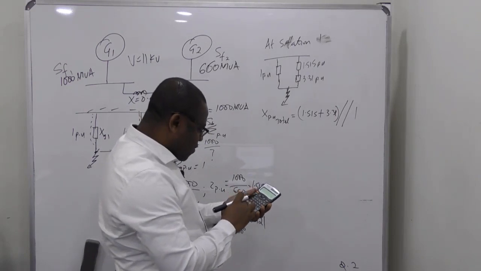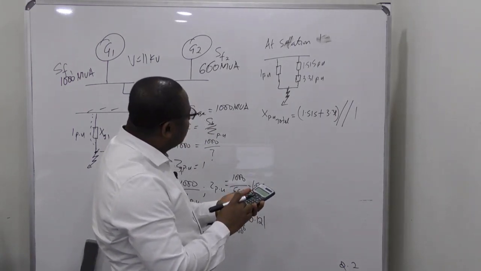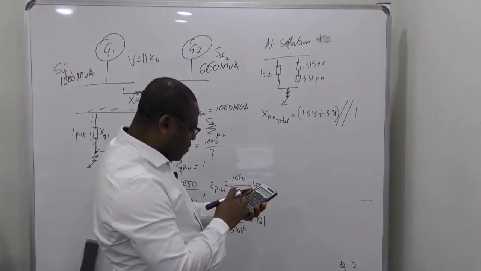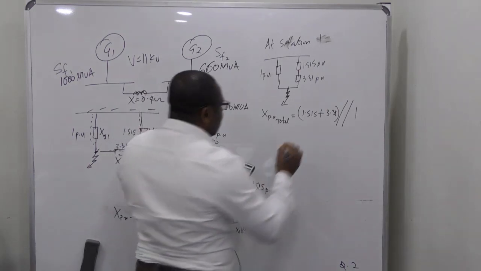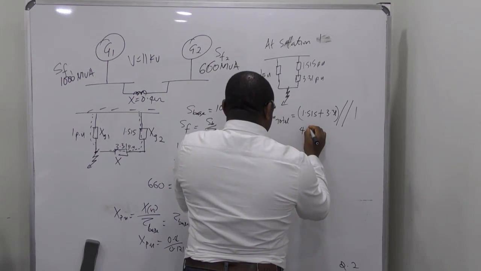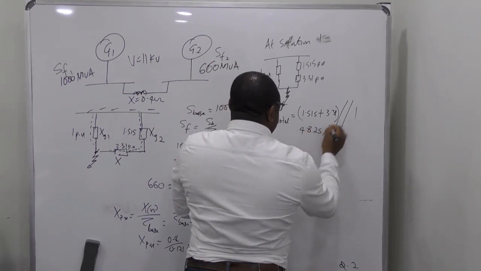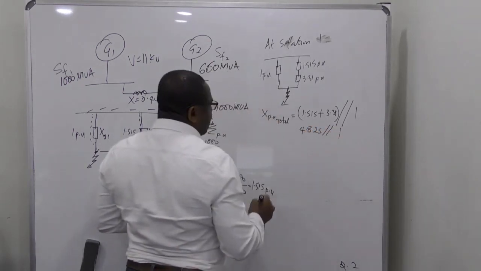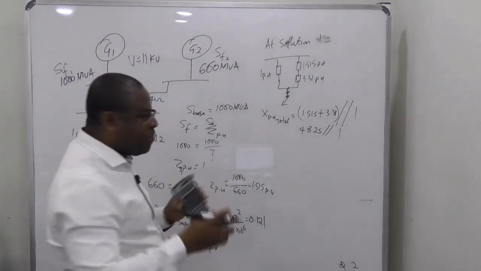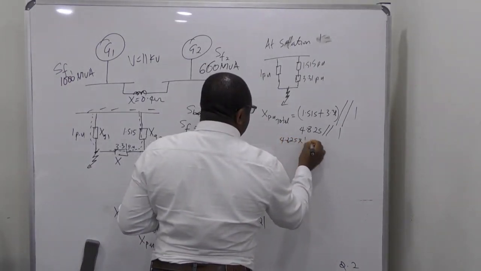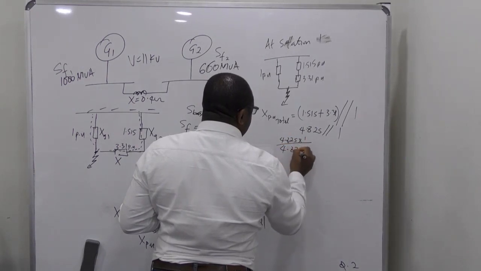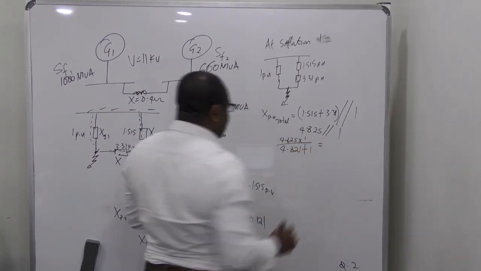That is 1.515 plus 3.31, that is 4.825 parallel 1. All right, how do you parallel? I hope you still remember how to parallel. Just say 4.825 times 1 over 4.825 plus 1.